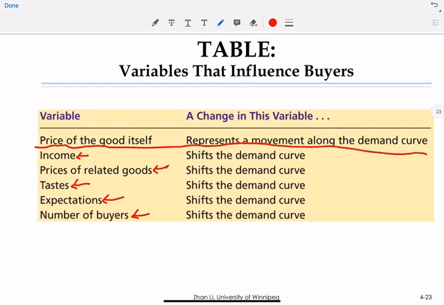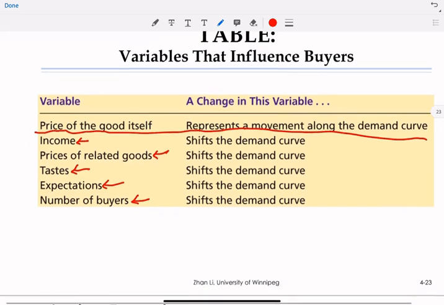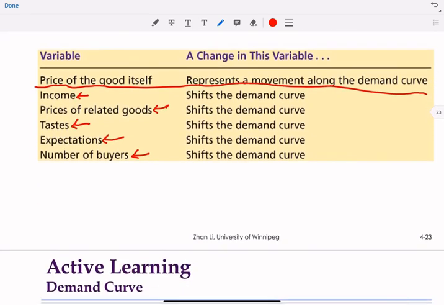If there's a change in the price of the good itself, then there will be no shift in the demand curve. And to be more specific, you will observe a movement along the demand curve. So why is this the case? Well, if you think about the construction of a demand curve, then on the vertical axis you get price, and on the horizontal axis you get quantity, right?